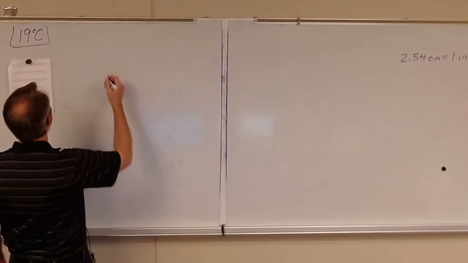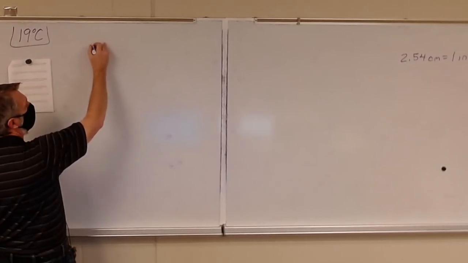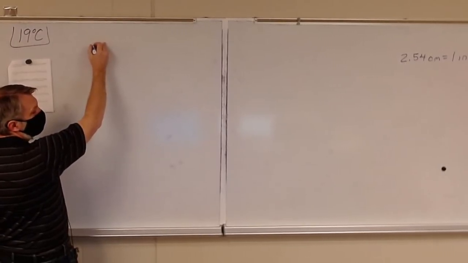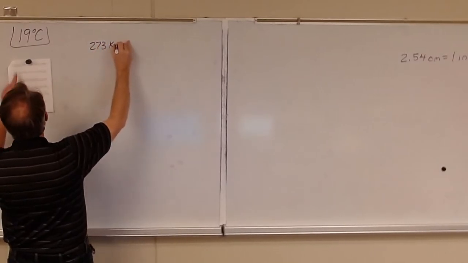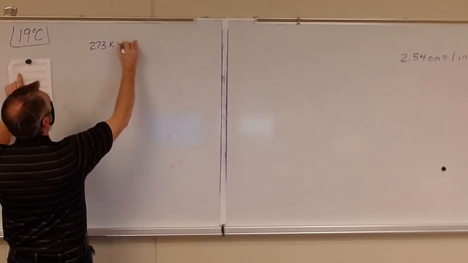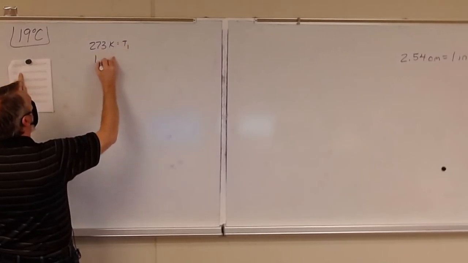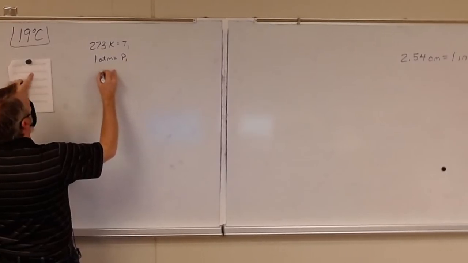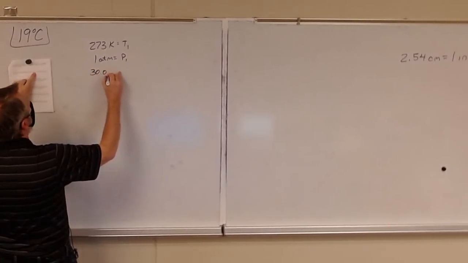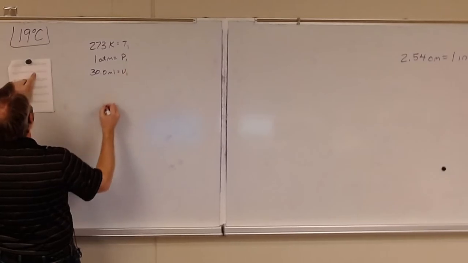All right, so 0 degrees Celsius, what's that in Kelvin? 273 Kelvin is T1, and 1 atm equals P1, and 30.0 milliliters is V1.